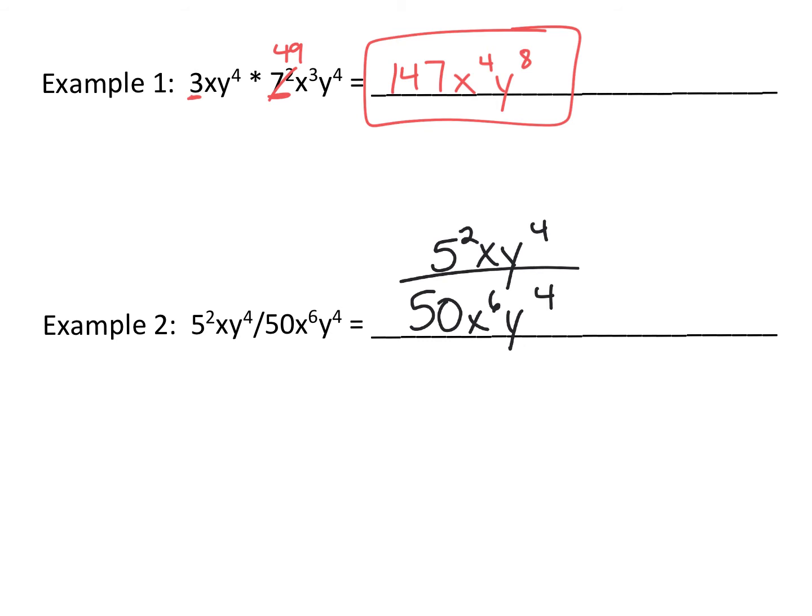That's a 25, so I'm going to cross that off and put 25. So I now have 25 over 50. What will that simplify to? 1/2. So 1 would be on top, 2 would be on the bottom. I then have x to the first over x to the sixth.